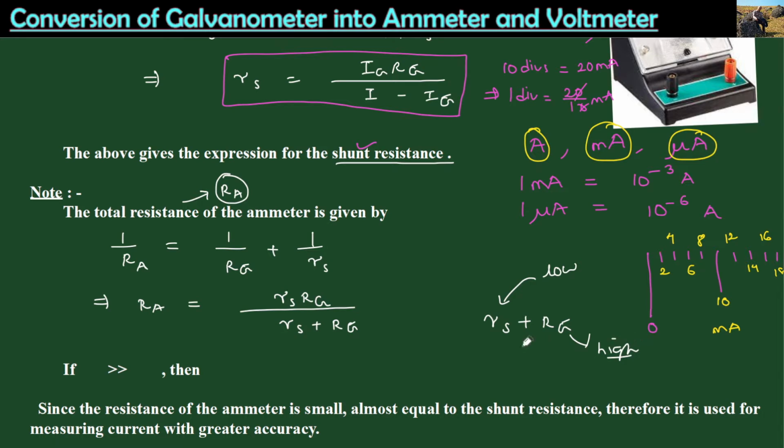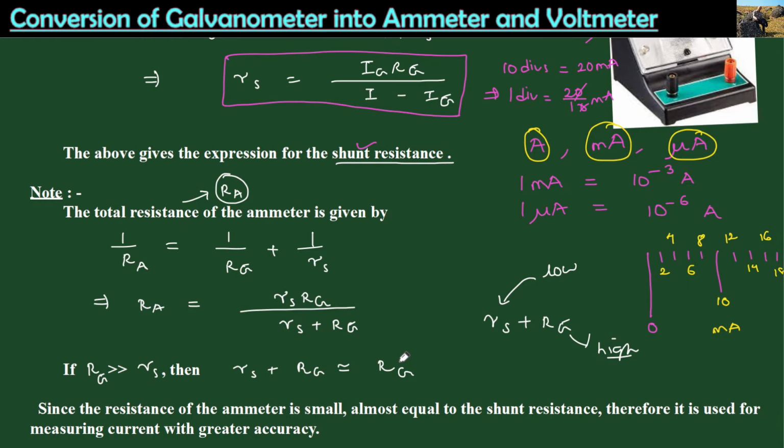If the resistance of the galvanometer is very large in comparison to the shunt resistor, this denominator term Rs plus Rg will be approximately equal to the highest quantity. That means we can neglect Rs, and it is simply equal to Rg.